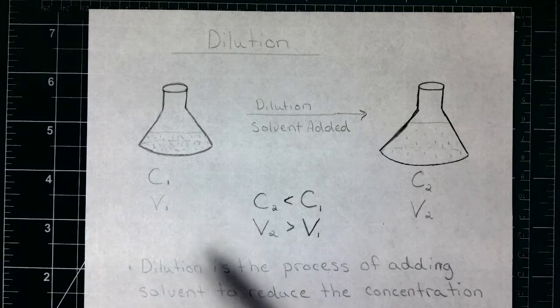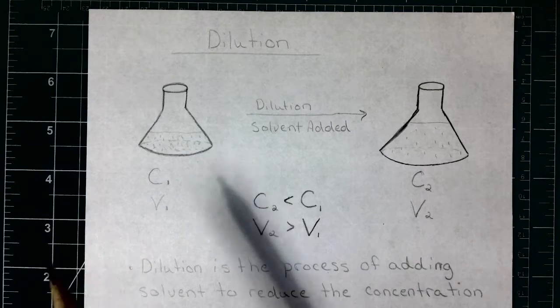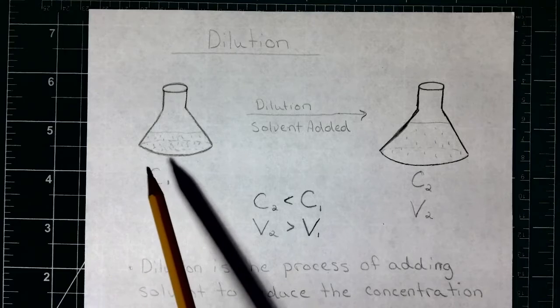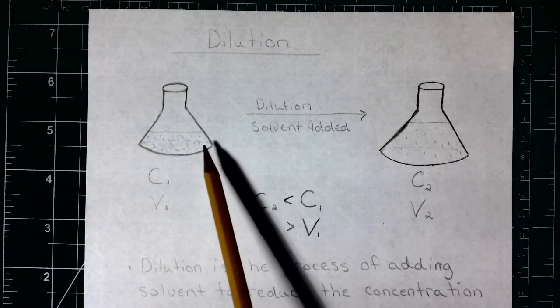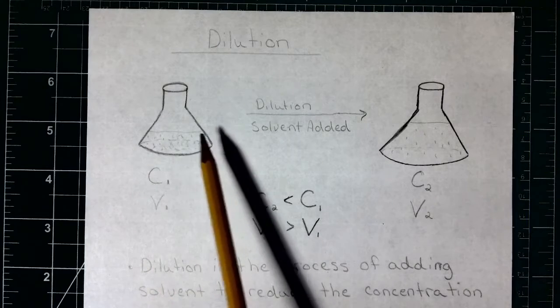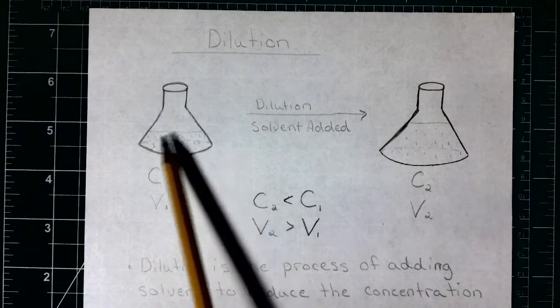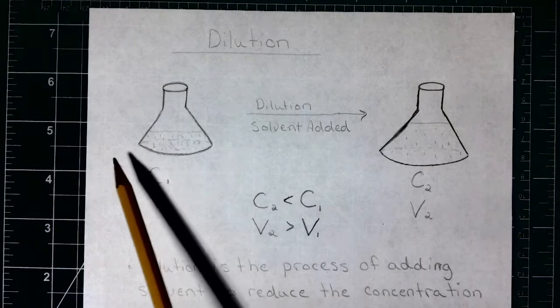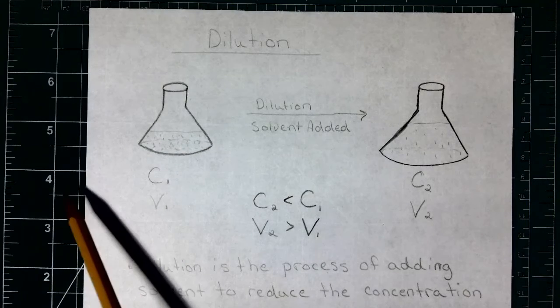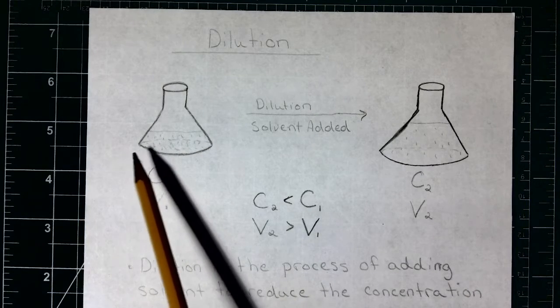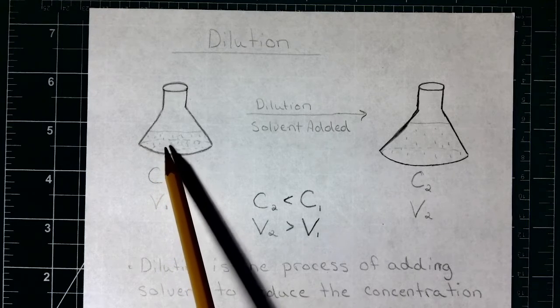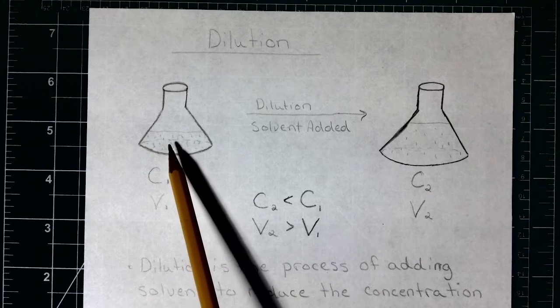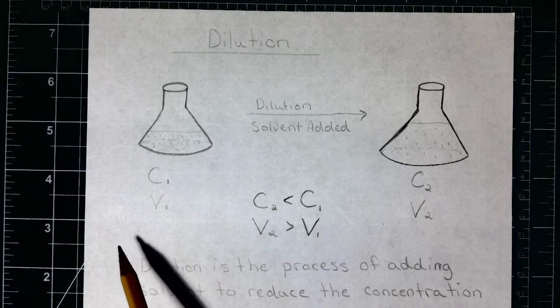Typically, it is most practical for accuracy's sake to make a stock solution that's more concentrated than the ones that we're actually going to need. This is because when we go to mass out the solute, if we have a larger mass that we're going to weigh out and we make a bigger solution, we're going to get more significant figures from that.